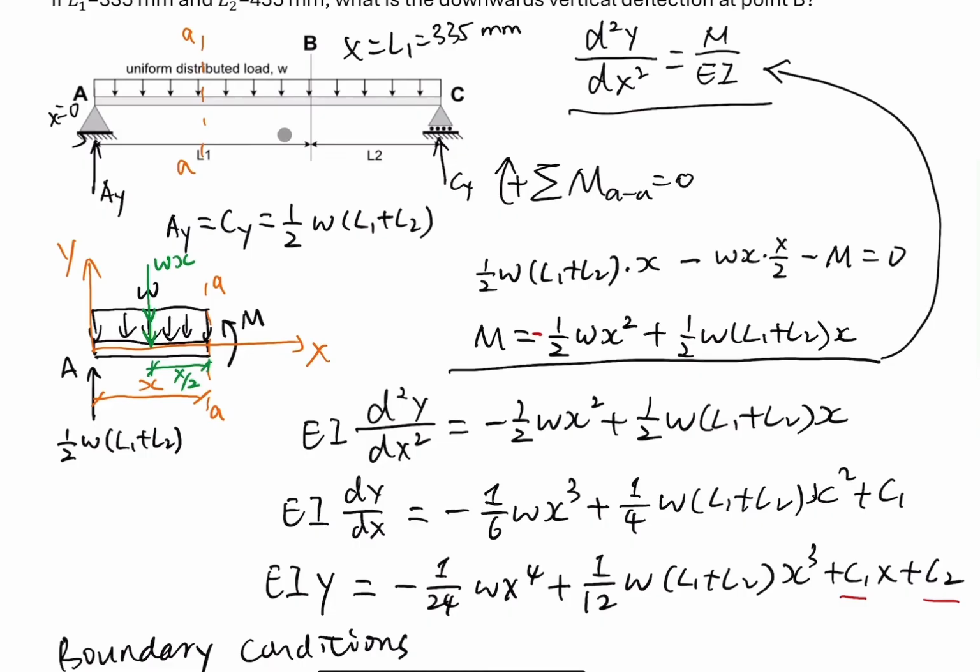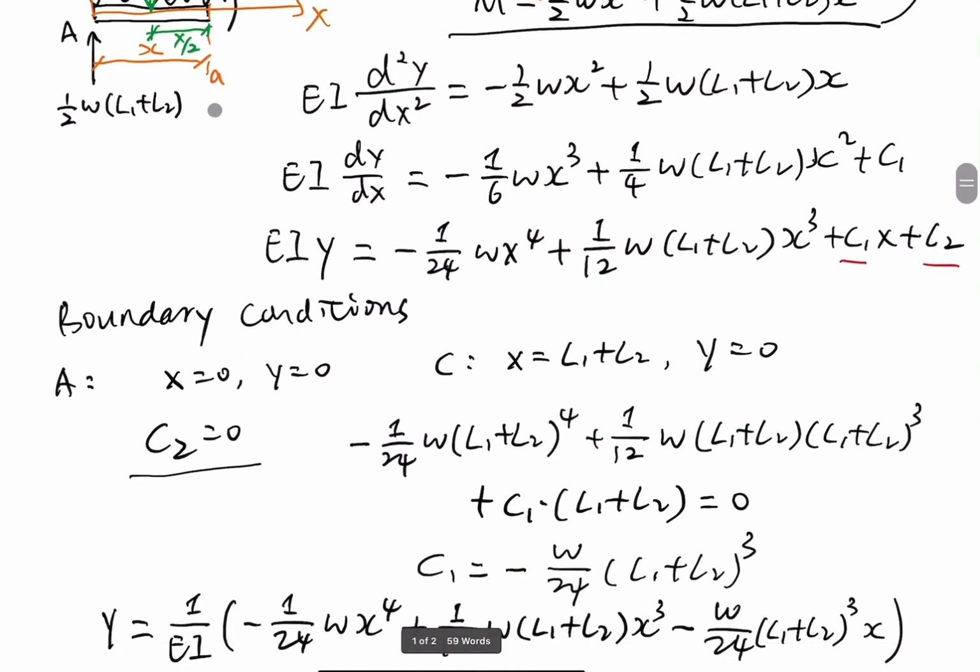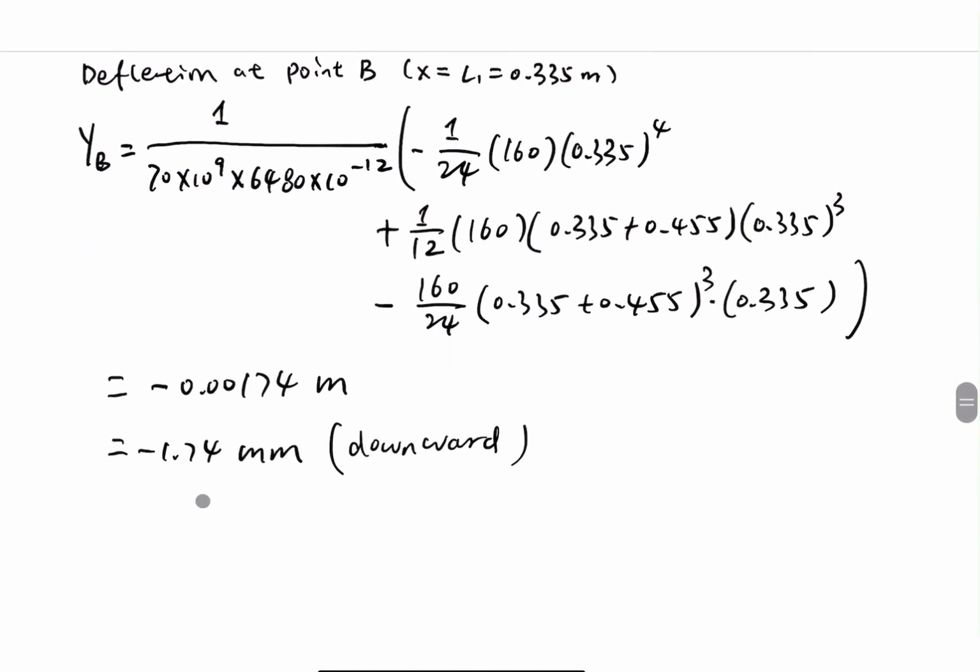So it makes sense when we look at the load distribution. The result is showing here: yB is 1.74 millimeter. So this is the solution to find the deflection at point B.